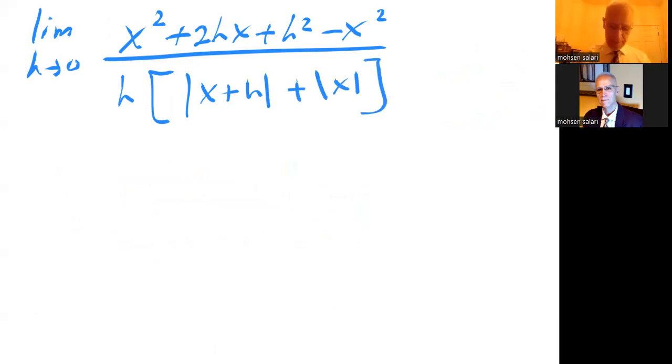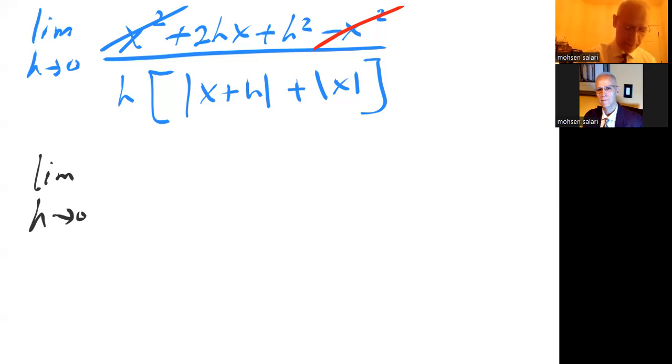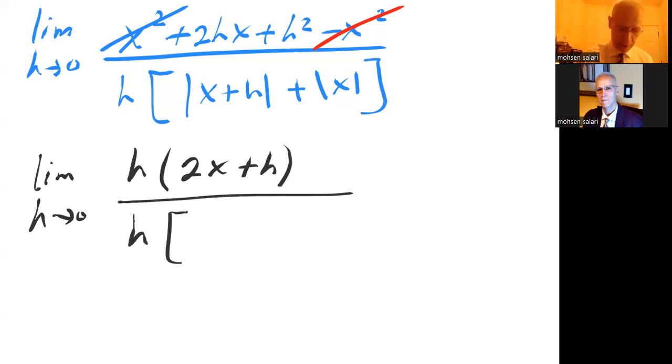And so then I can go ahead and cancel this with this, and I'm going to factor an h from the numerator. So I have h times 2x plus h, all over h times absolute value of x plus h plus absolute value of x.